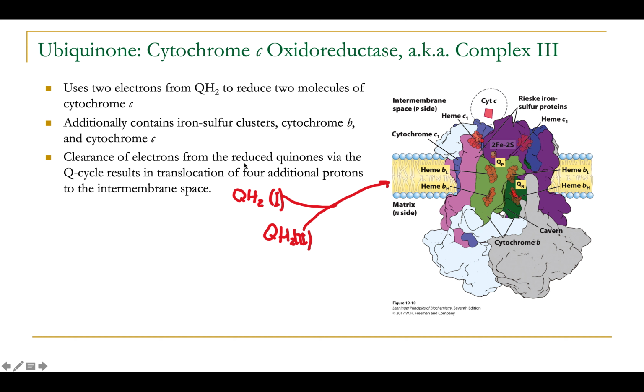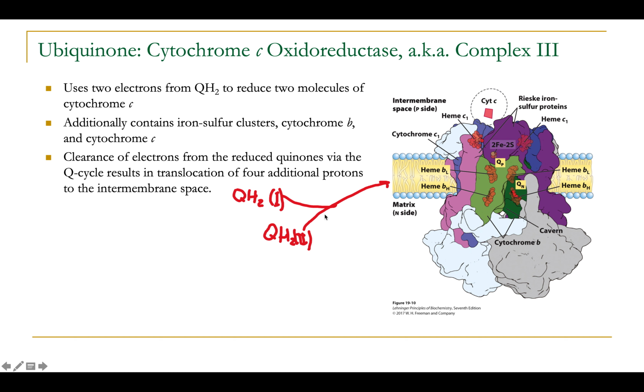So the electrons harvested in the form of the reduced form of ubiquinone from complex 1 and complex 2 travel through the lipid phase of the inner mitochondrial membrane and end up on complex 3, which contains a system of cytochromes that have high affinity for electrons, higher reduction potentials than ubiquinone.